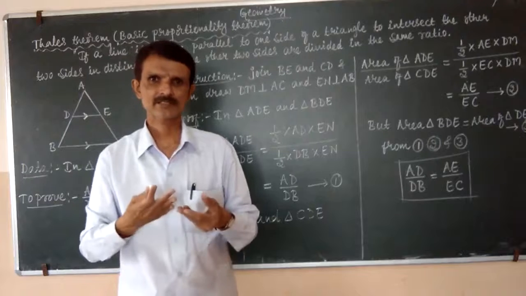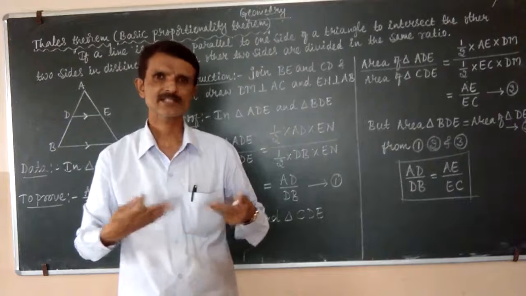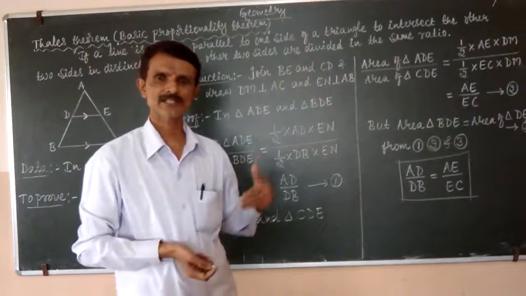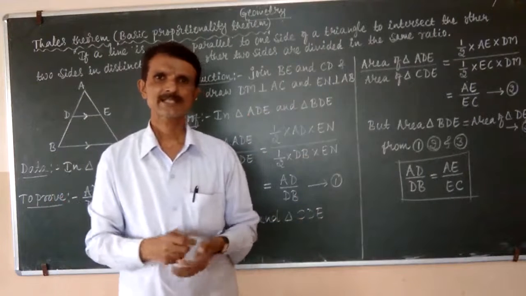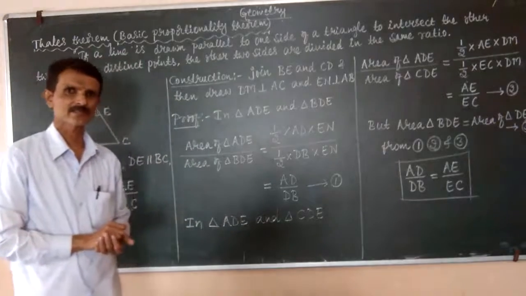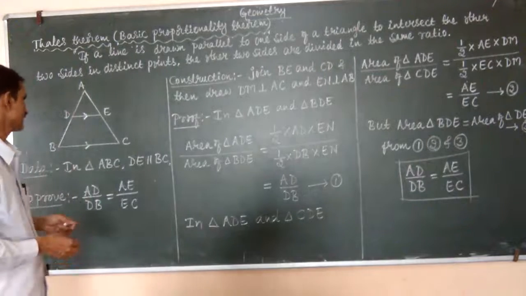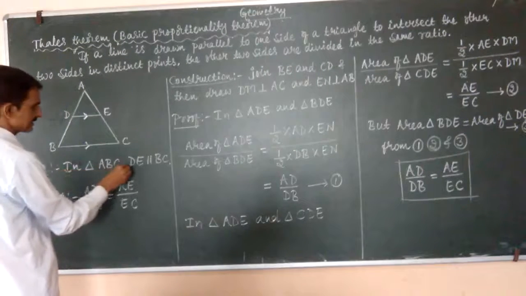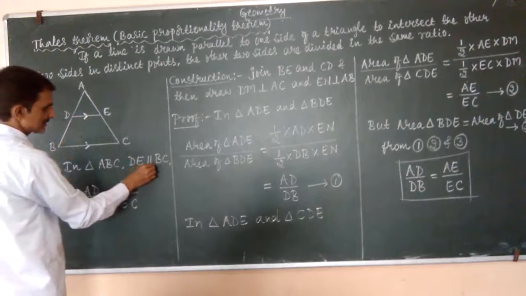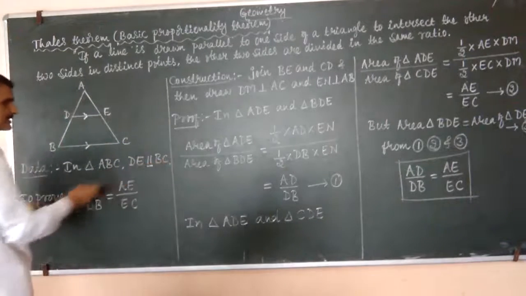Parallel lines are lines which can be extended on either side and will not meet at any point. Such line segments are called parallel lines. So the data is: in triangle ABC, DE is parallel to BC. This symbol indicates parallel lines.